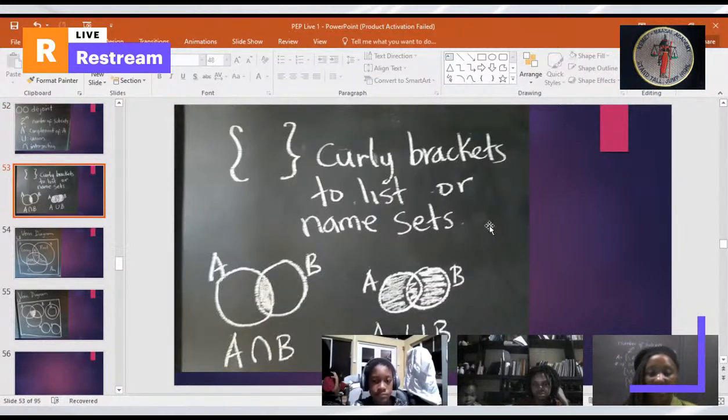All right, here we have another slide that shows the curly brackets, which is what we use to list the elements of the sets. The diagrams below show the shaded region, which shows the intersection of set A and B, so those elements that are only in that middle part that's shaded.